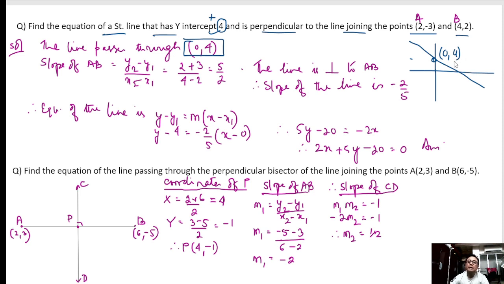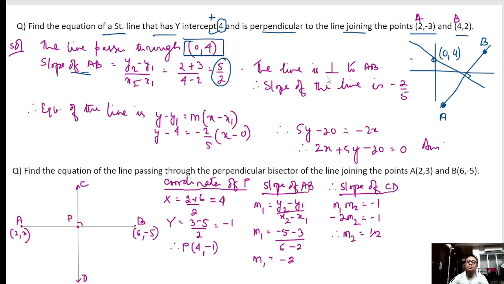And the line is perpendicular to the line joining the points A and B. So what is the slope of AB? y2 minus y1 by x2 minus x1, we get 5 by 2.